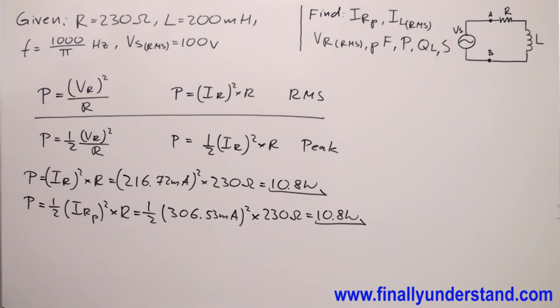Next, we're supposed to find QL, reactive power. QL is equal, I'm going to use RMS current.